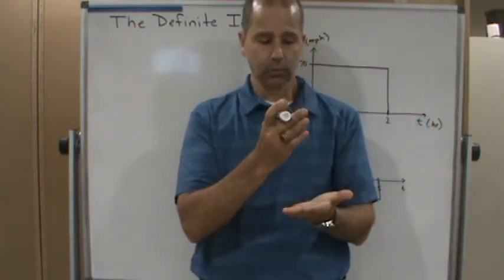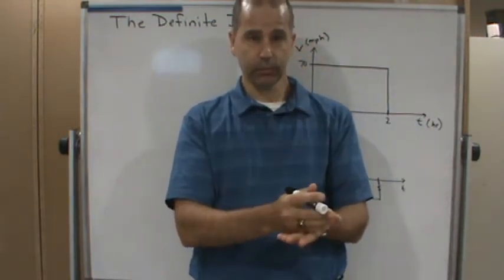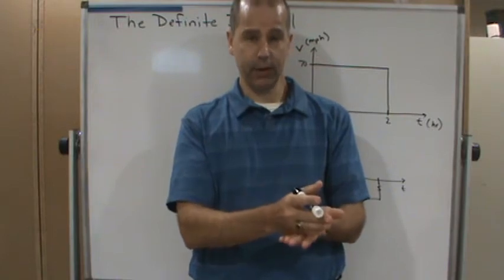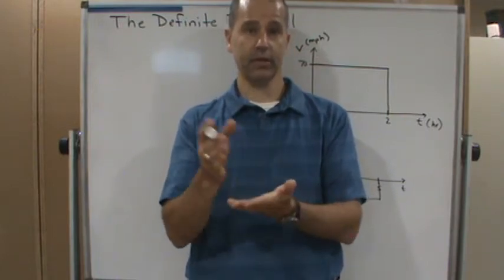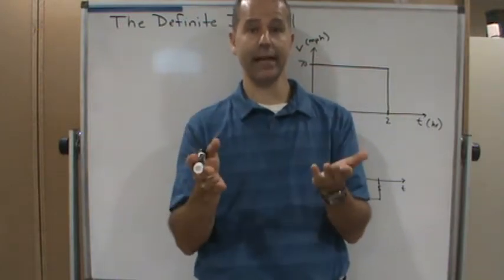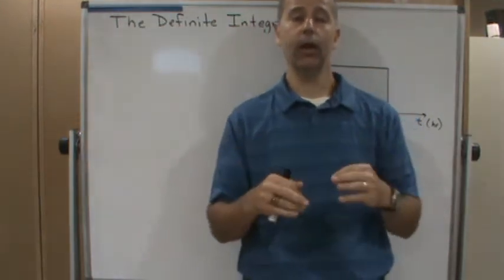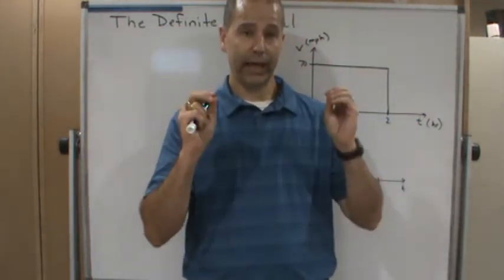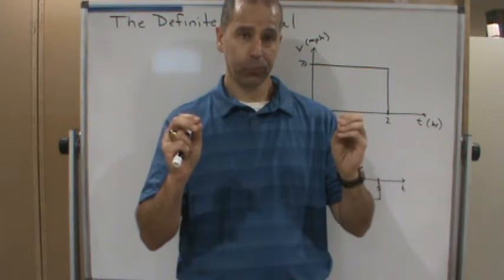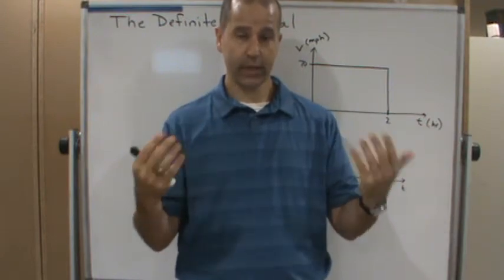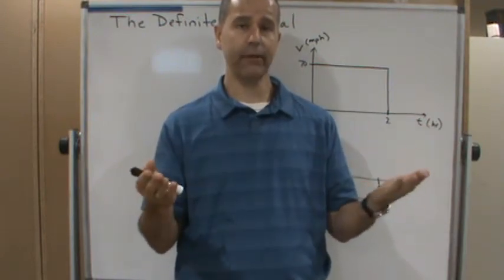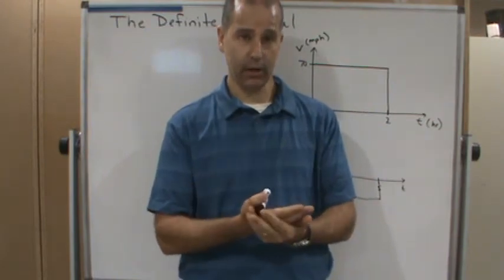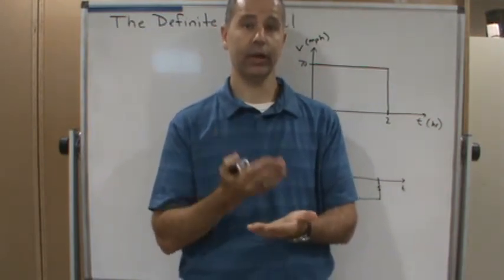Remember, the integral of the velocity function gives us the position function. But what is the integral? The integral is the area. So when we look at a graph of velocity over time, we can find the distance the car has traveled by looking at the area.